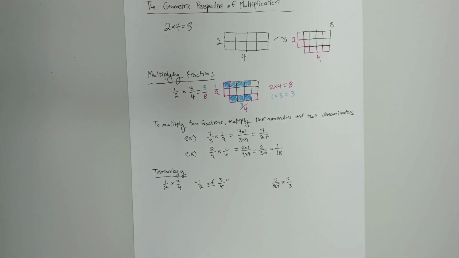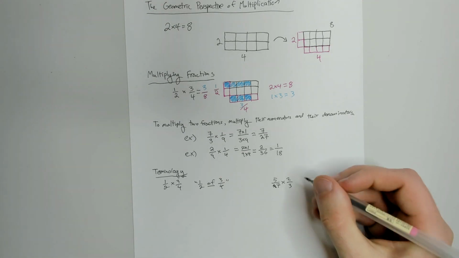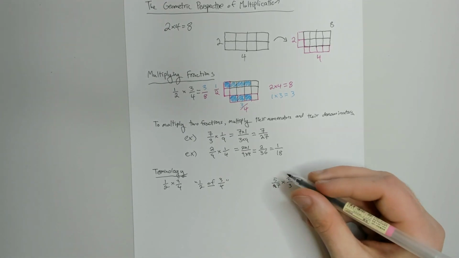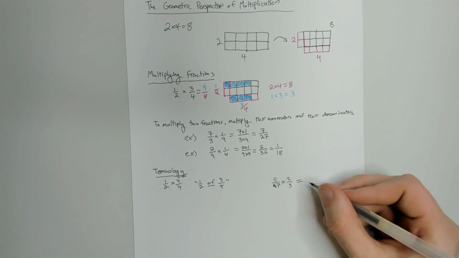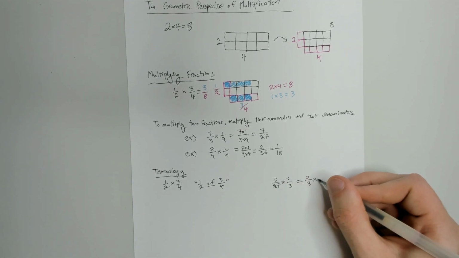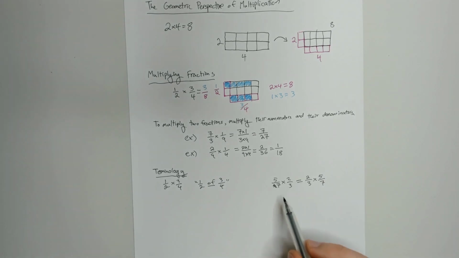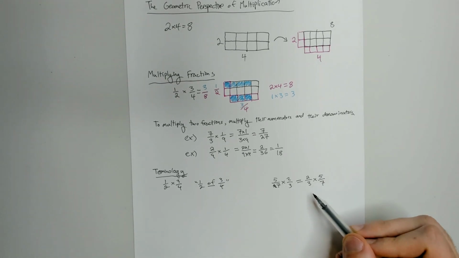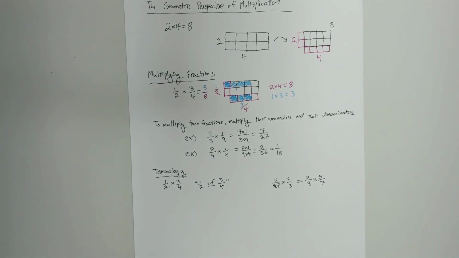So 5/7 of 2/3 or 5/7 times 2/3. And because order of multiplication doesn't matter, right? 3 times 4 is the same as 4 times 3. This is the same thing as saying 2/3 times 5/7. So 5/7 of 2/3 is the same as 2/3 of 5/7. So just a little bit of terminology that I'll be using moving forward. So just be aware of that.